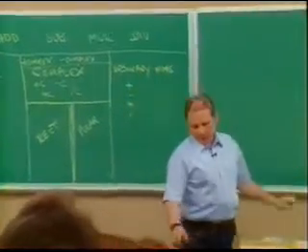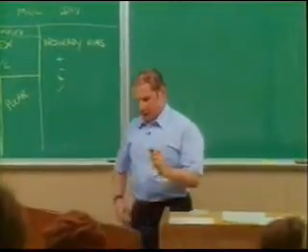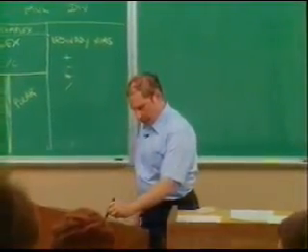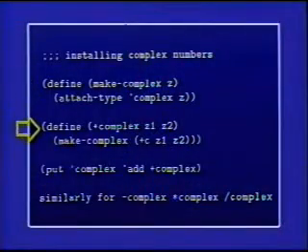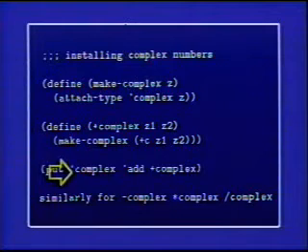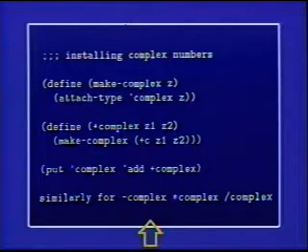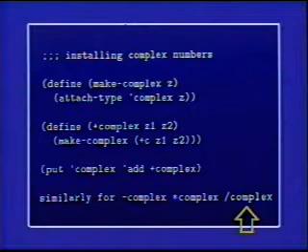Okay. Let's go look at that slide again. There's one more thing we do. After defining plus complex, we put under the type complex and the symbol add that procedure plus complex, and then similarly for subtracting complex numbers and multiplying them and dividing them.